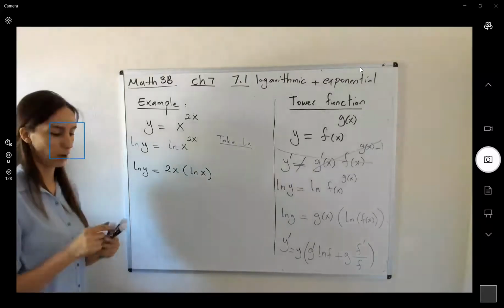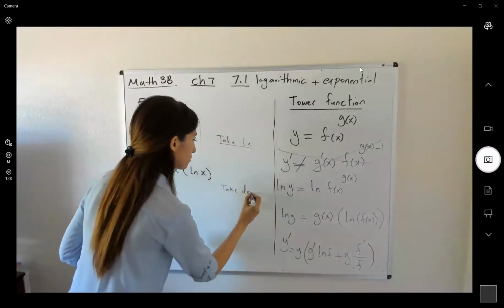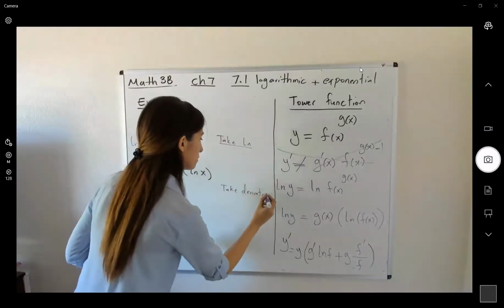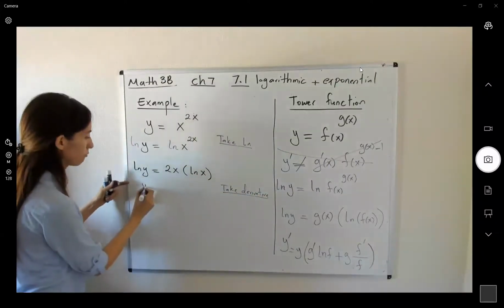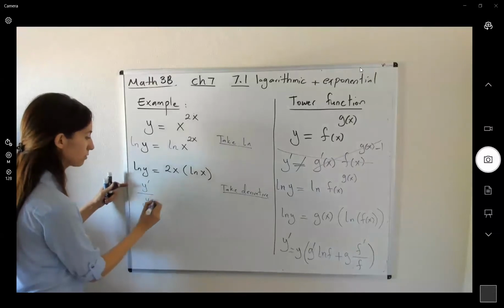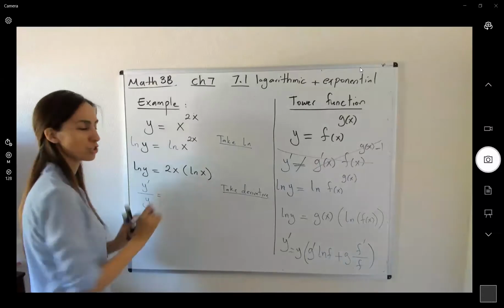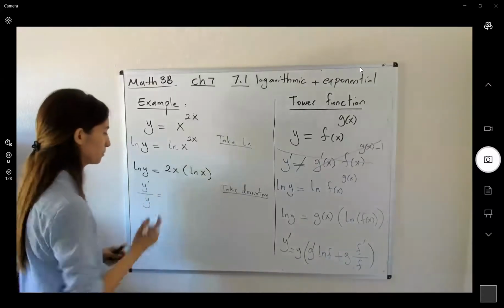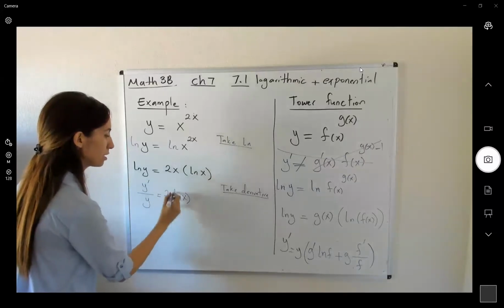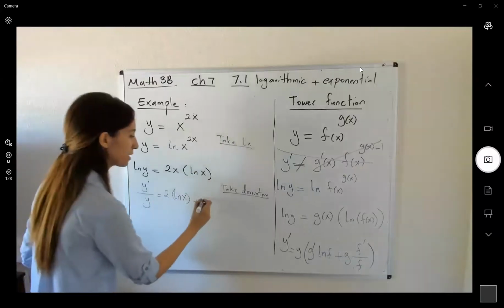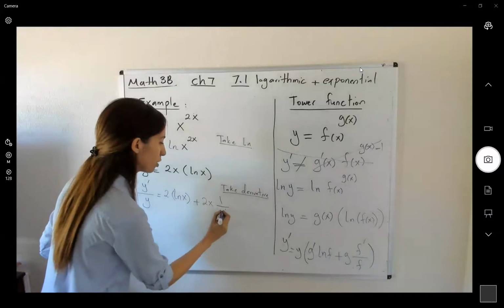Now take the derivative of both sides. The derivative of ln of y is y prime over y. On the right hand side, you have the product of two functions, so you have to apply the product rule: the derivative of 2x, which is 2, times ln of x, plus 2x times the derivative of ln, which is 1 divided by x.